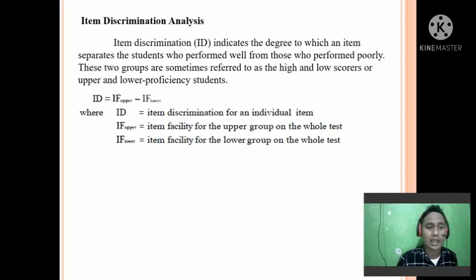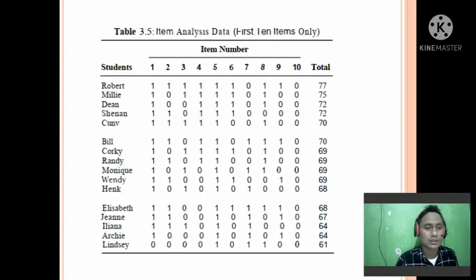So we must separate the students into groups. Usually there can be upper, middle, and lower groups. Looking at tables 3 and 4, the upper group is Robert, Millie and others, the middle group is in between, and the last is the lower group: Elizabeth, Jenny, Elenia, Archie, and Lindsay. We must separate between the upper and lower groups.